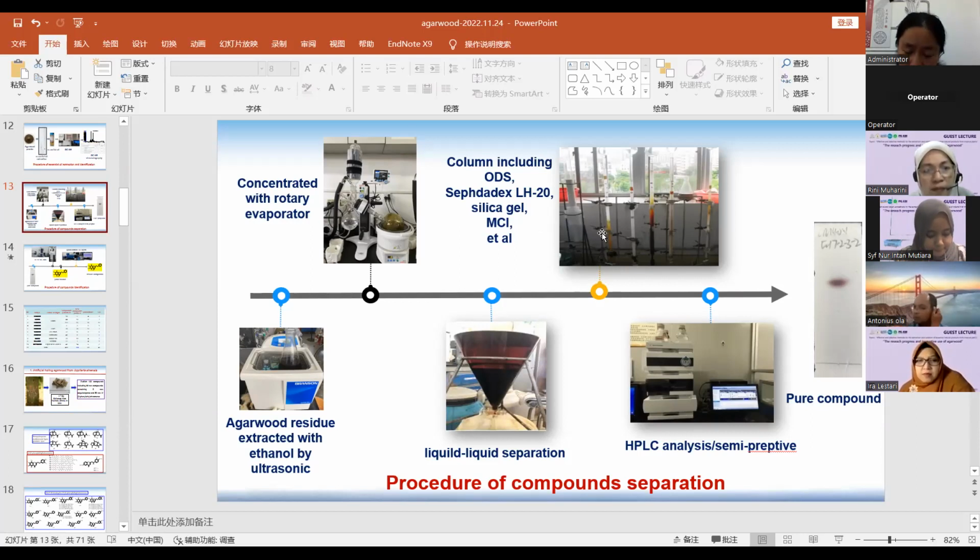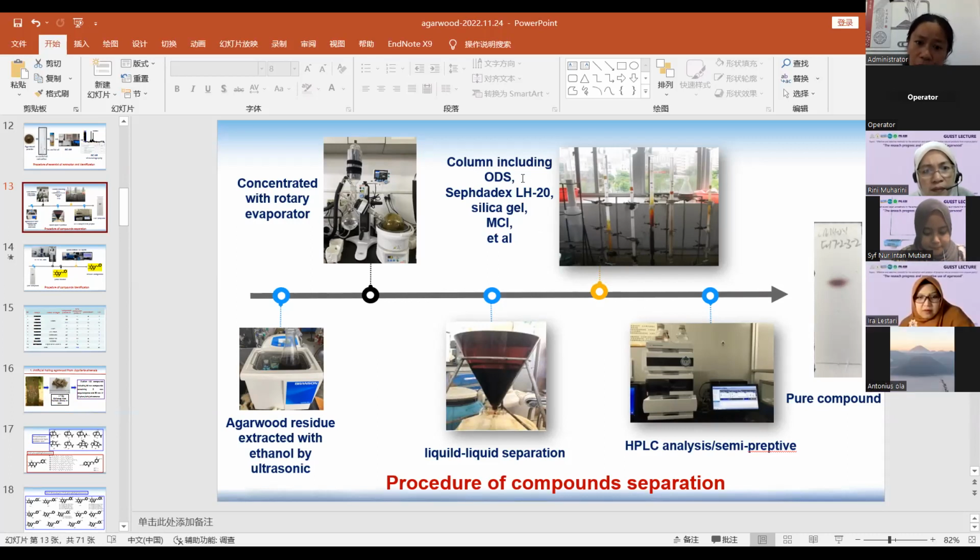Usually for the chromones, after that we use ODS, and also FKIP. Sometimes we also use MCI, because some have color. MCI has some similarity with ODS.